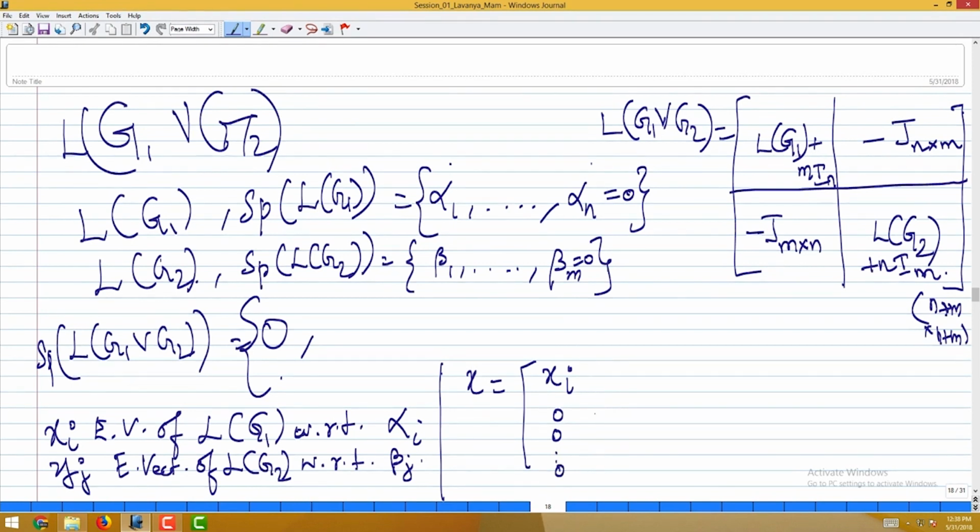So, let us look at this eigenvector. Because xi is going to be of order n, it is a vector of order n by 1, yj is going to be a vector of order m by 1, right. So, let me just look at this eigenvector xi, let us append m zeros to the bottom.